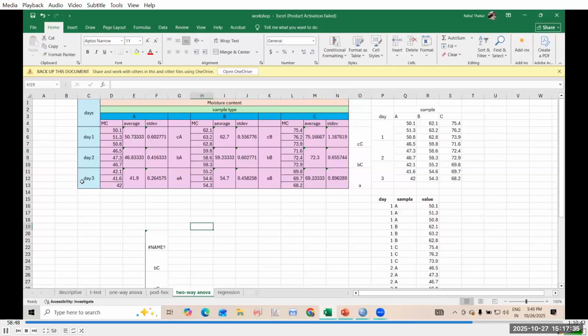Same as for day 3, small a will represent the slightest significant level while comparing within the days, and capital A will signify the significant difference within the sample type. And the same procedure will go for the other moisture content.